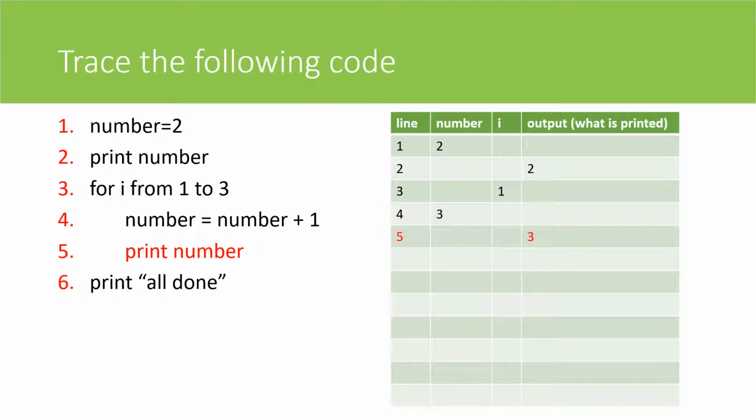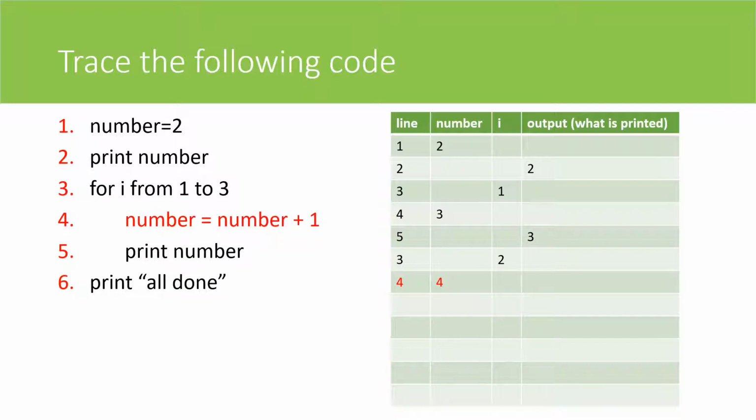And then we print out the variable number, so this now outputs 3 in the output column. And we then jump back to line 3 because I is still within 1 and 3, so I is still good there. So now our value of I becomes 2.